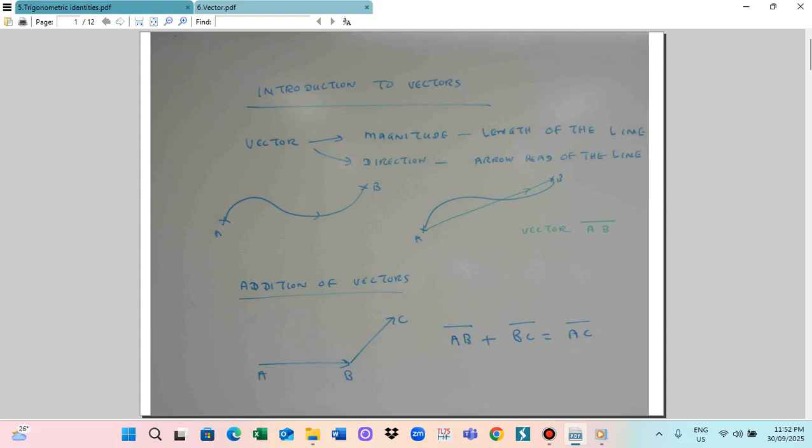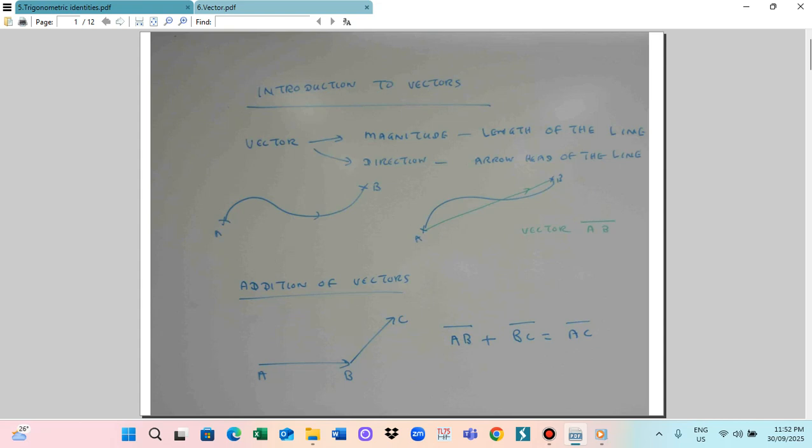AB bar means the vector AB, and BC bar means the vector BC. Finally the resultant is AC, which we call vector AC. So vector AB plus vector BC is equal to vector AC. This is how you can represent the vector.